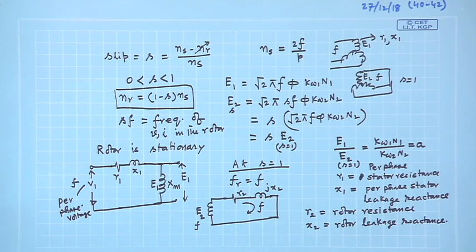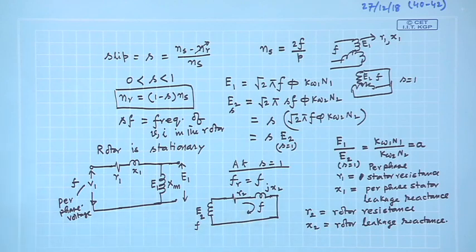Now, this reactance should be further qualified. Why? Because this is at S equal to 1. Any reactance is 2 pi f into L, that is omega into L, where omega is 2 pi f. Therefore, in whichever circuit L is present, its reactance omega L depends upon the frequency. For a given supply, frequency is fixed everywhere.